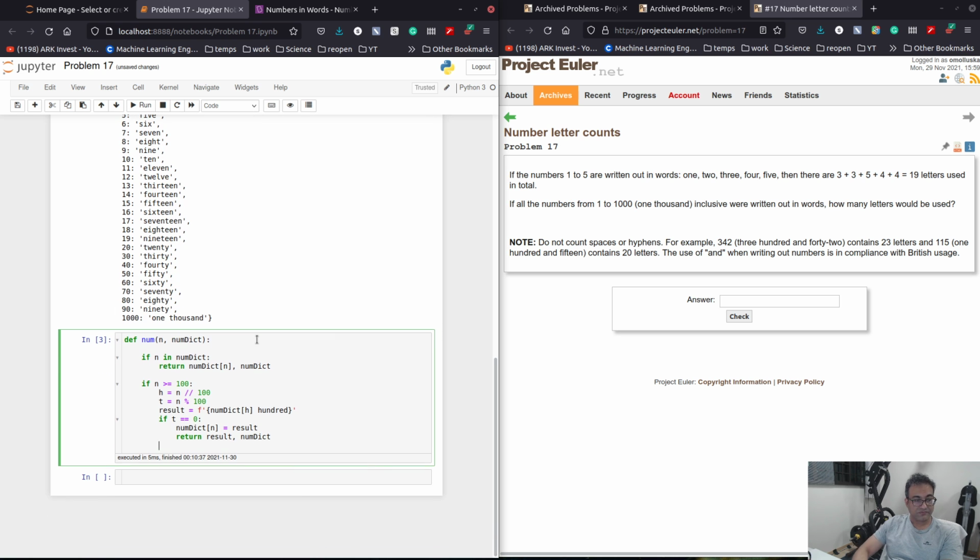Otherwise, return whatever the value is equals num, the tens part, result and numdict 1 this and numdict.